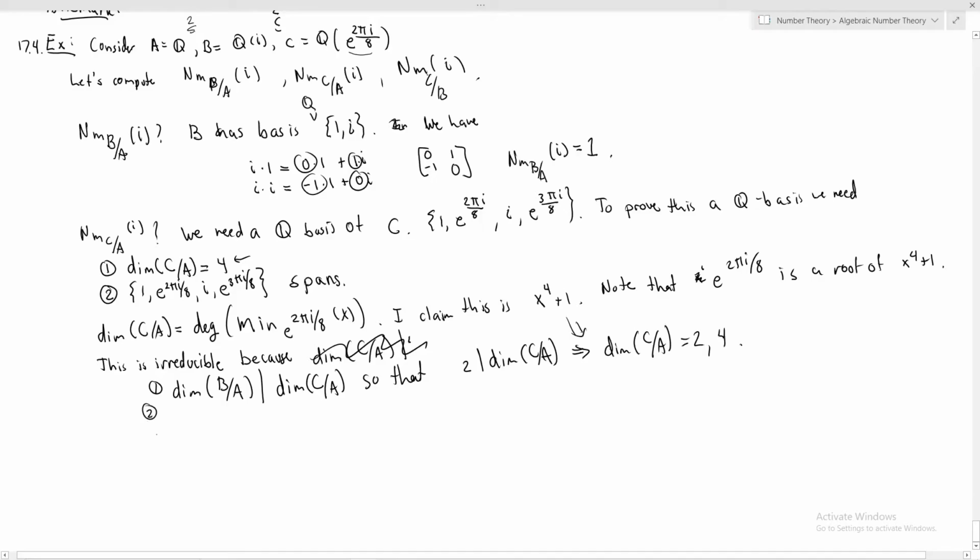And C is not equal to B, since, well, one way to tell is that Q adjoin i has no 8th roots of unity.